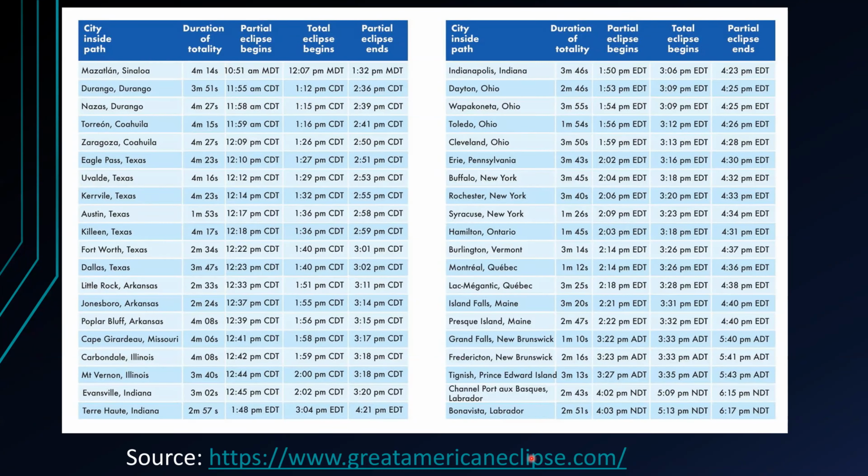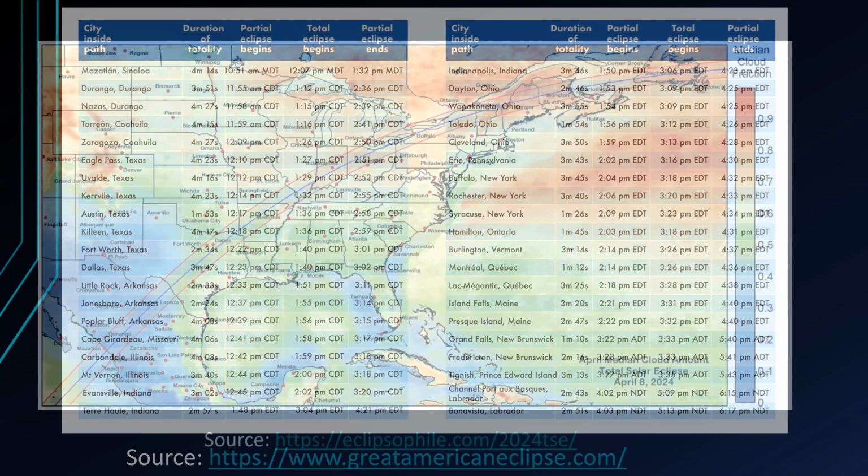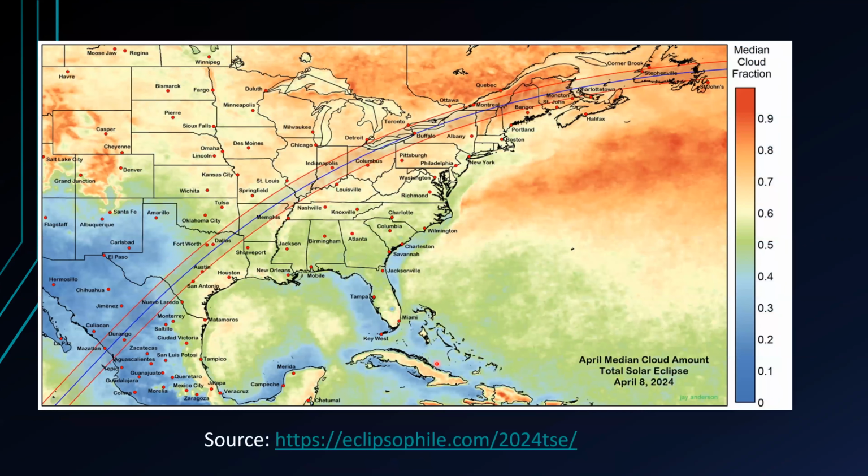But for those of us here in the US, it is generally believed that Texas is going to be the place to go. And to give you an idea, here is the average cloud cover.